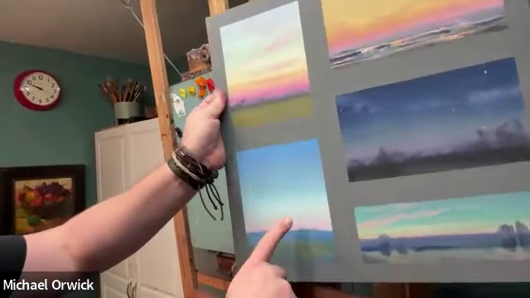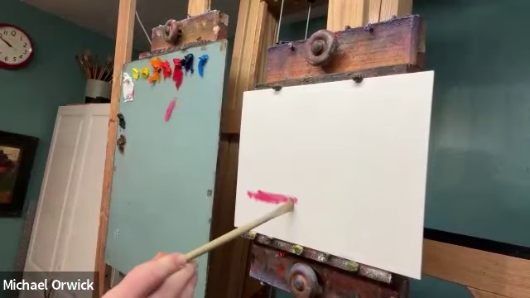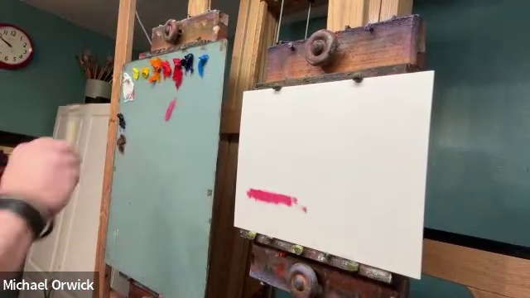When we are working on gradations within the sky, a lot of times, at least as far as I'm concerned, it'll start off with a little bit of kind of a reddish tint that's really strong.